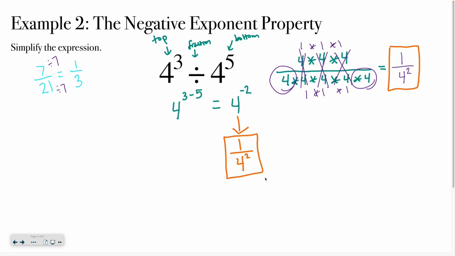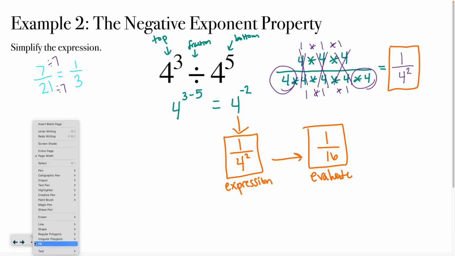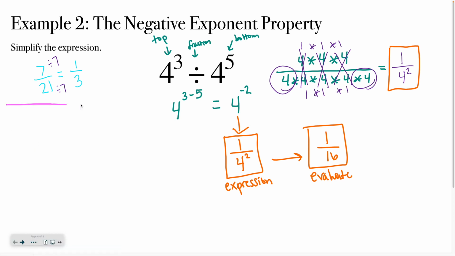If I asked you, instead of leaving it as a simplified expression, to evaluate, what you would do is you would say 1 over, and then 4 to the second power is 16. So you want to pay attention to what the directions say and make sure that you are following those.